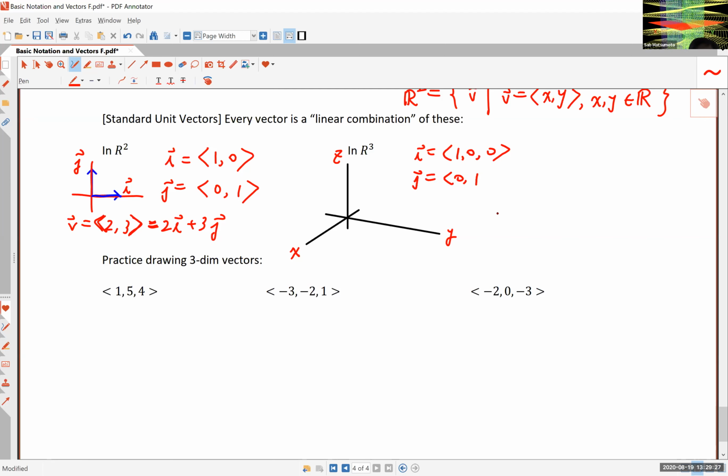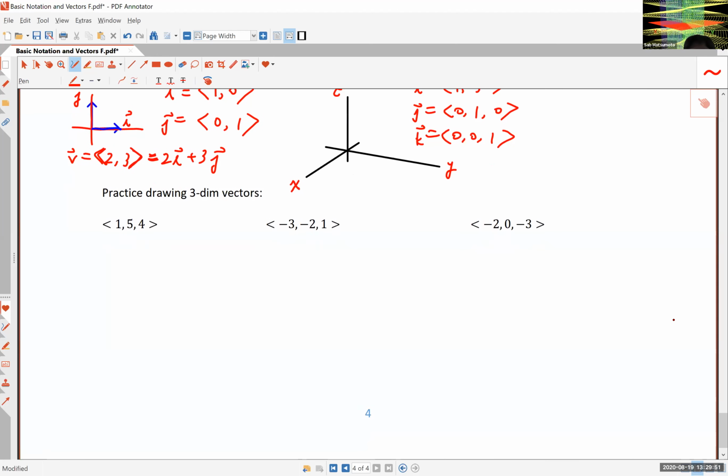And so again, every vector in three-dimensional space can be expressed as a linear combination of i, j, and k. For instance, if you have the vector 3, 2, 3, then that's 3i plus 2j plus 3k, obviously.